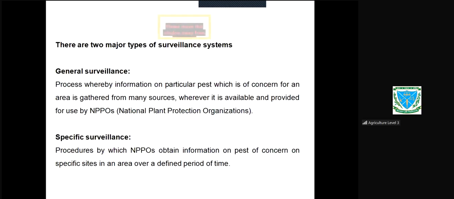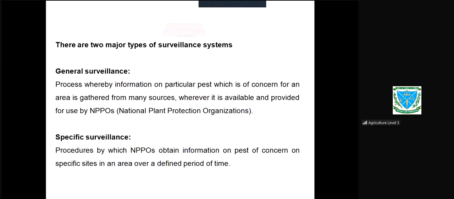About the rice bug, we can collect the data from many sources: primary source, secondary source, tertiary source, and so on, by different ways. Wherever it is available, and provided for use by the NPPOs, National Plant Protection Organizations. Why? Based on these data, they can suggest which method would be applicable to control this pest, and when, how, etc.